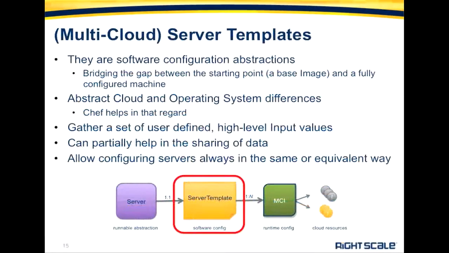So if we take this a step further, you can see that server templates are really software configuration abstractions. They basically allow you to bridge the gap between an initial image, some basic characteristics of an image, and a fully configured server. And this works basically across operating systems, because the way you program these templates, these scripts, could leverage and see what operating system you're running on, and install things one way or another.